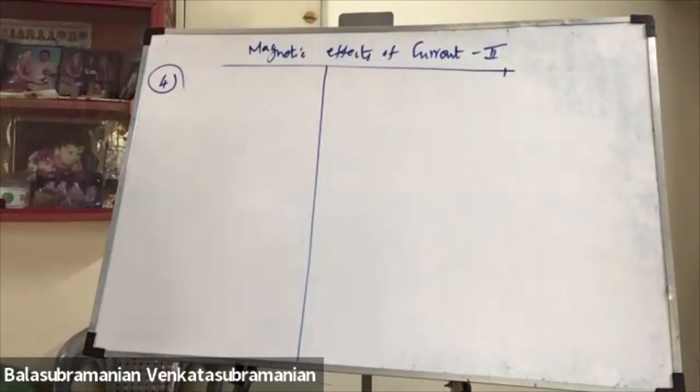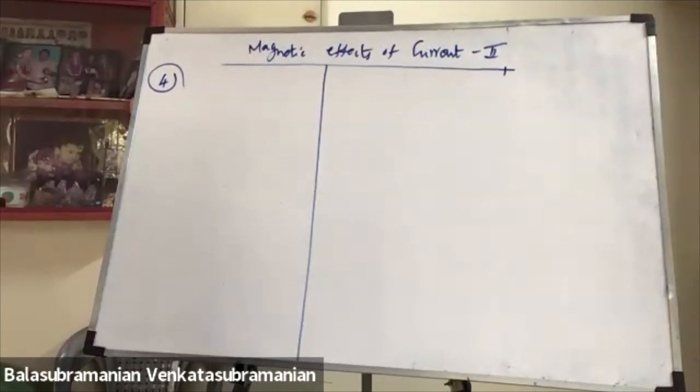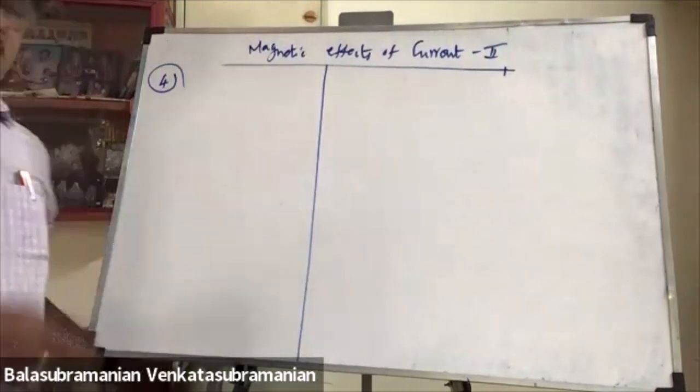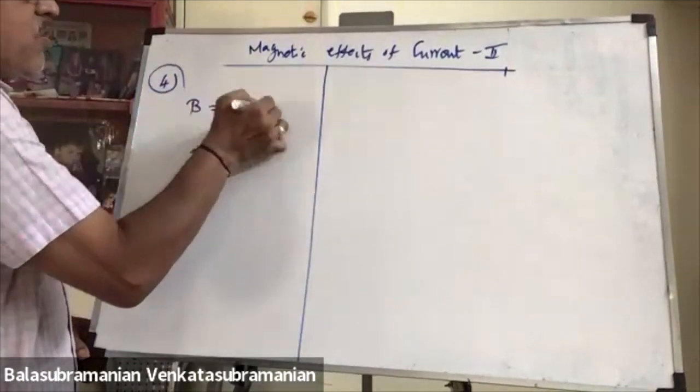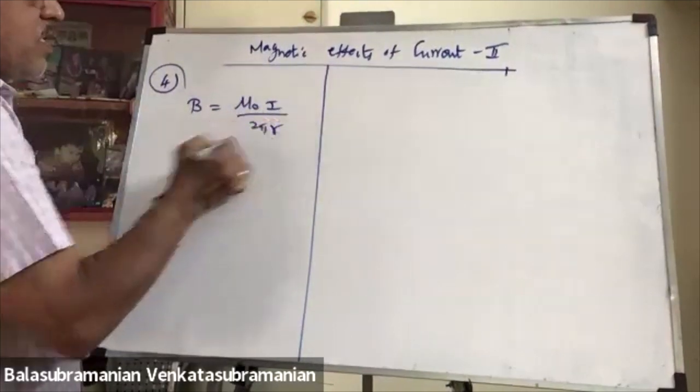A horizontal overhead power line carries a current of 90 ampere in east to west direction. What is the magnitude and direction of magnetic field due to the current 1.5 meter below the line? First, we calculate based upon the formula for a straight wire, mu naught I by 2 pi r.